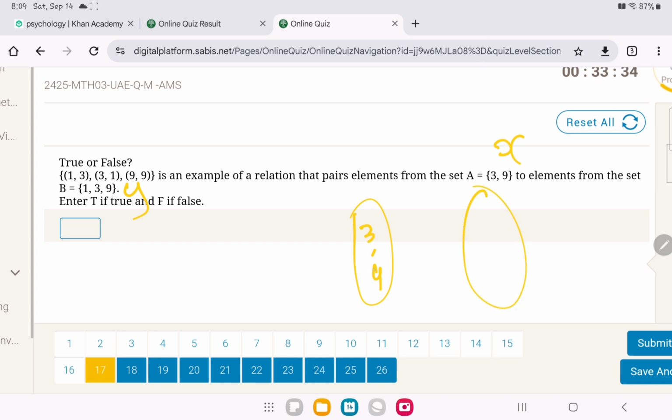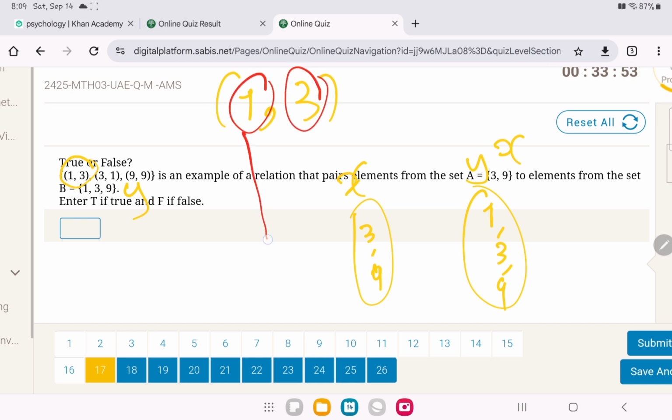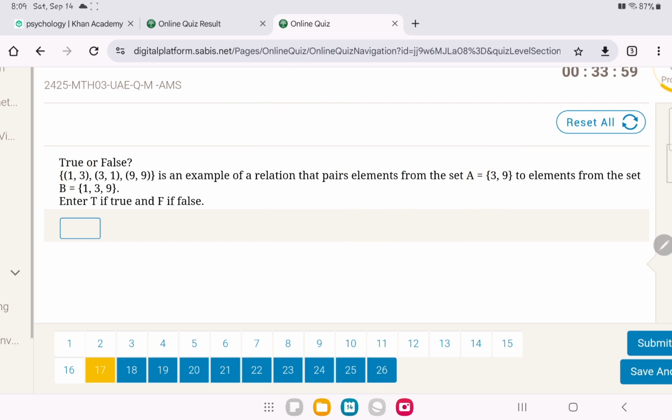Set B, we have 1, 3, and 9. So, if we take the first one, 1 and 3, we need in our x to have 1 and in our y to have 3. So 1, do you find it in the x? Directly from the first one, we don't find it. So that means the whole thing is false.